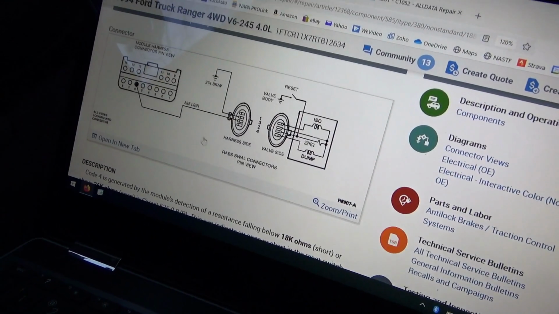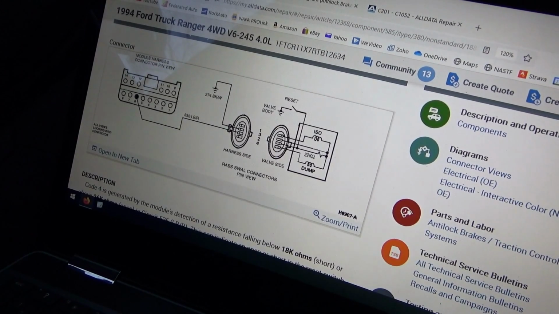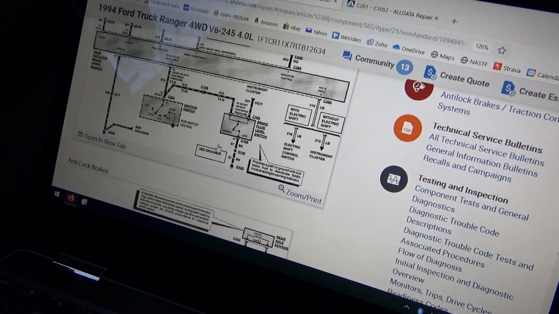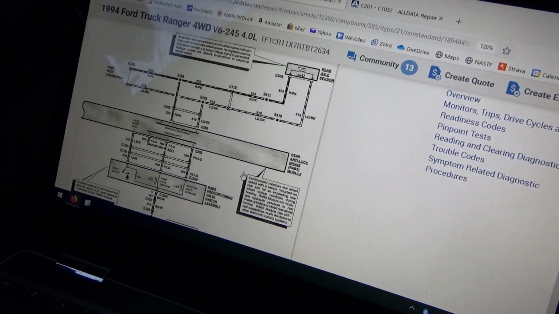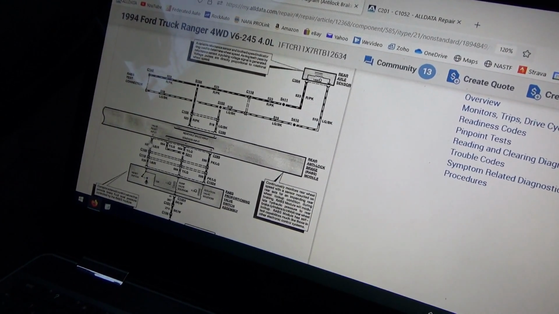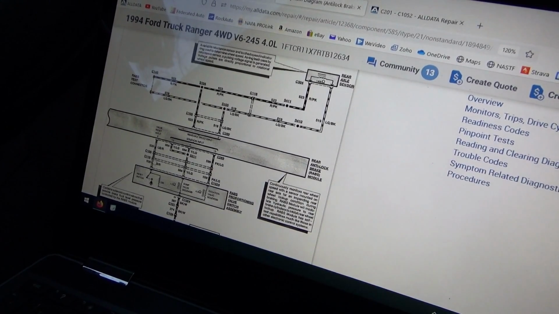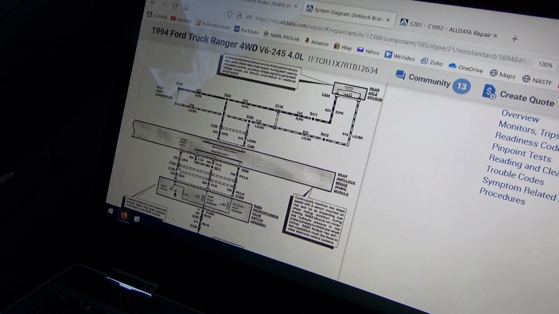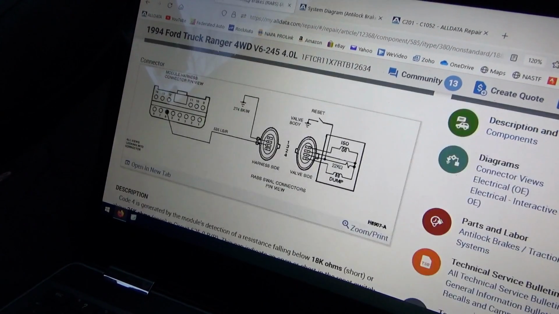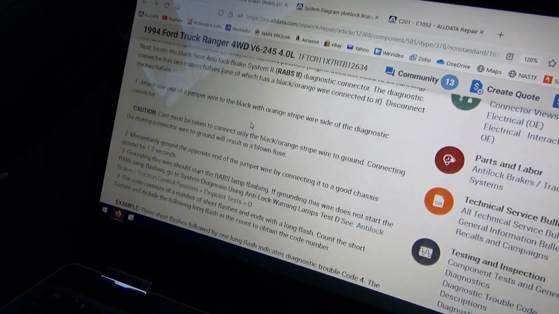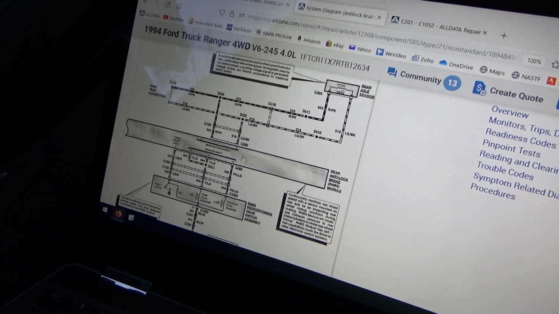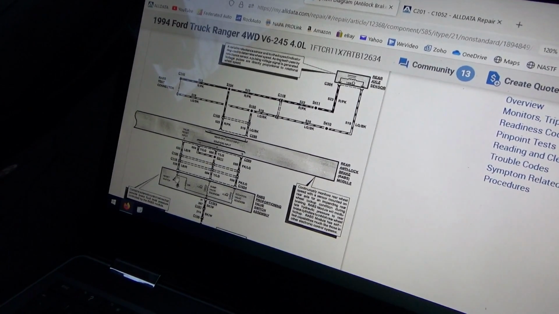Okay, so 535 on the system diagram. This one right here. There's a reset switch. Valve reset input. Alright. It's not happy about that circuit.